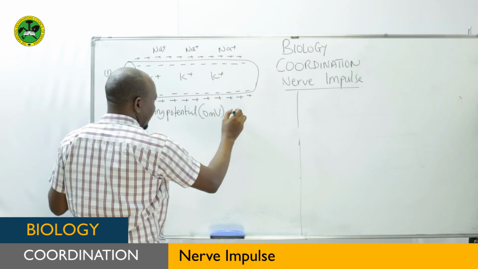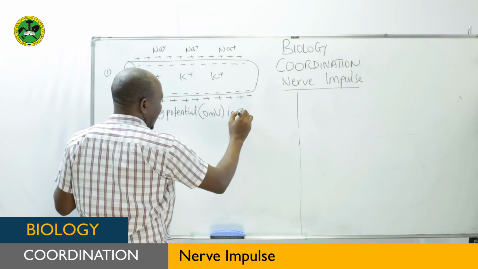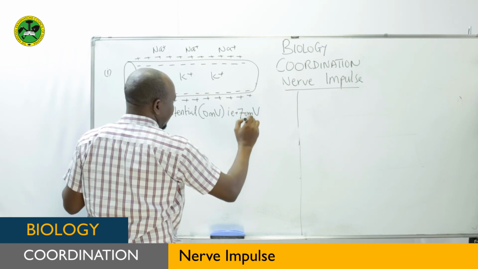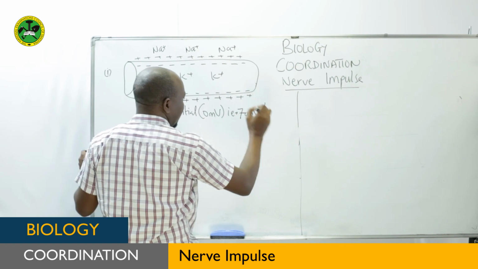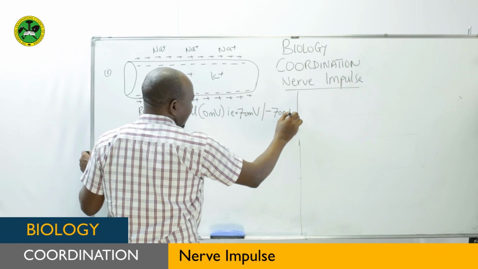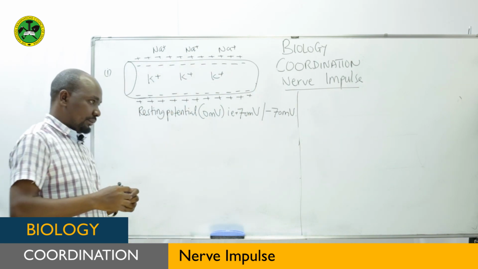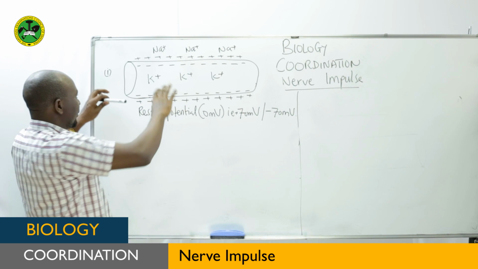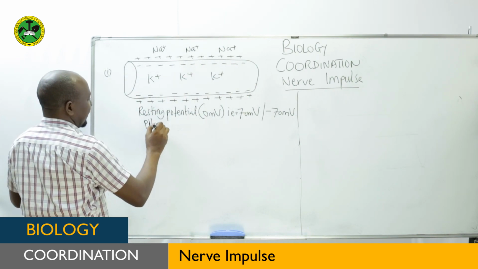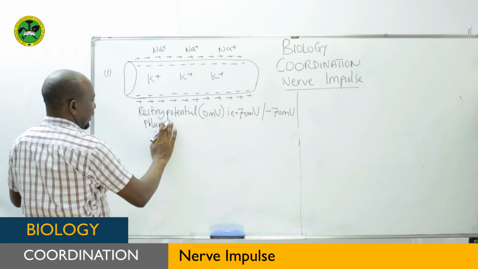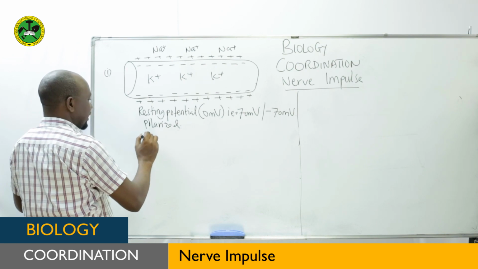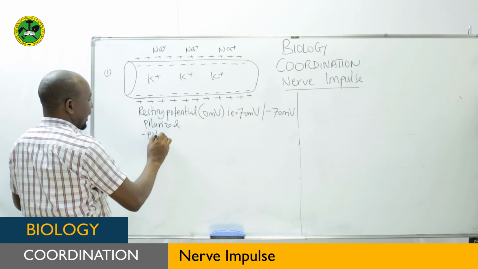That is, the outside is positively charged by this millivolt and the inside is negatively charged by the same millivolt. And the membrane in this situation is said to be polarized. The situation is described as polarization.